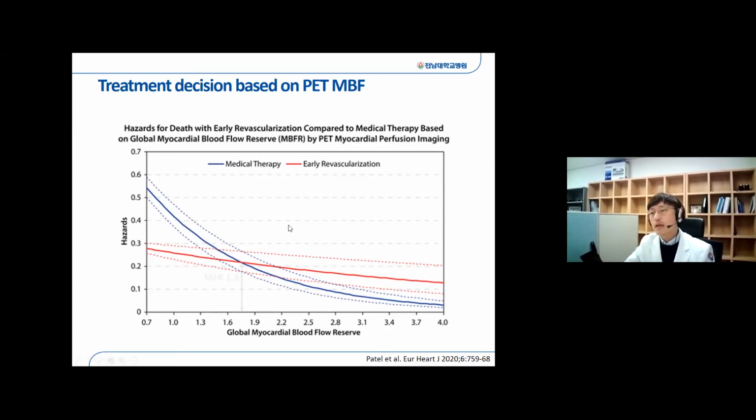Anyway, the threshold for deciding revascularization seems to be around 1.8 in this large-scale retrospective study recently published in European Heart Journal. If the myocardial flow reserve is under 1.8, the risk of overall mortality can be lowered by revascularization as compared to medical therapy only.